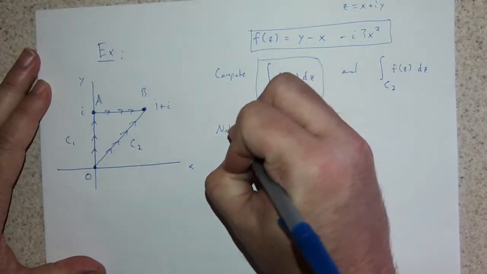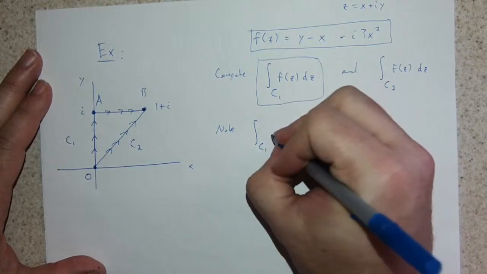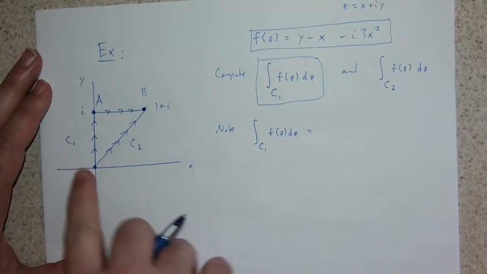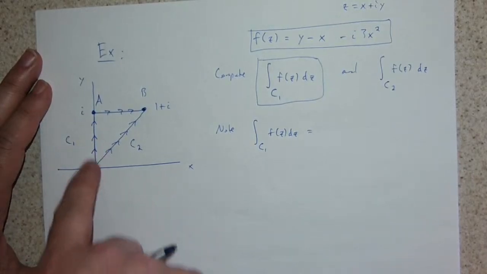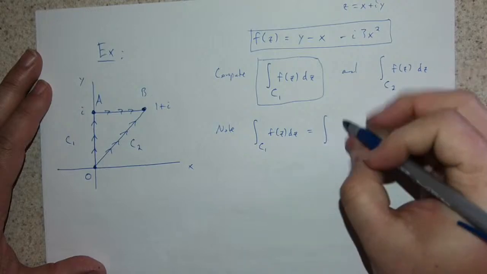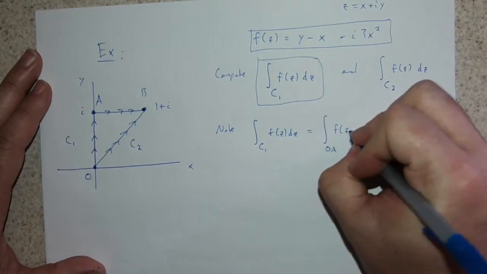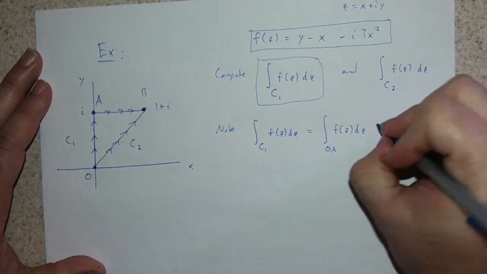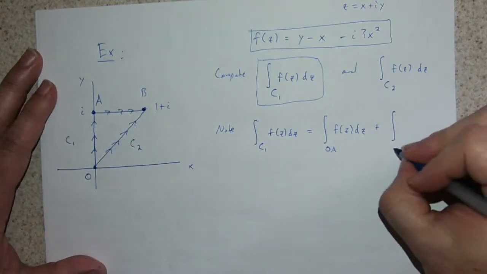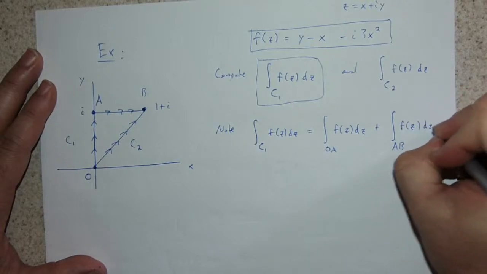Note by that property, the integral along C sub 1 of f of z dz is equal to the integral along the line segment OA of f of z dz plus the integral along the line segment AB of f of z dz.